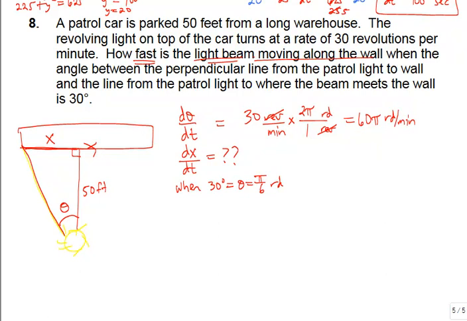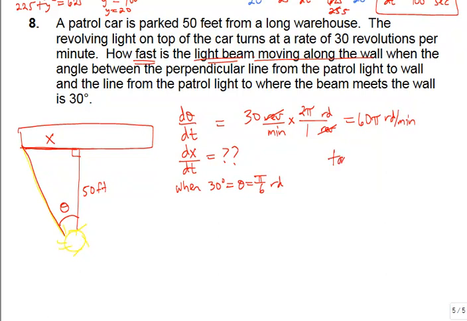Okay, we have everything labeled. Let's go ahead and come up with some kind of an equation that represents this triangle. We have our theta down here in the corner, so in relation to that, the x would be the opposite side, and the 50 would be the adjacent side. So which trigonometric function relates opposites and adjacents? Well, that's tangent.